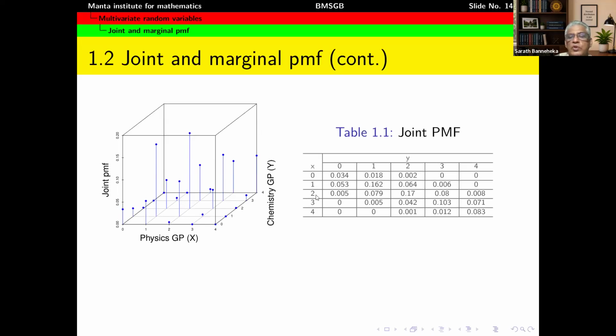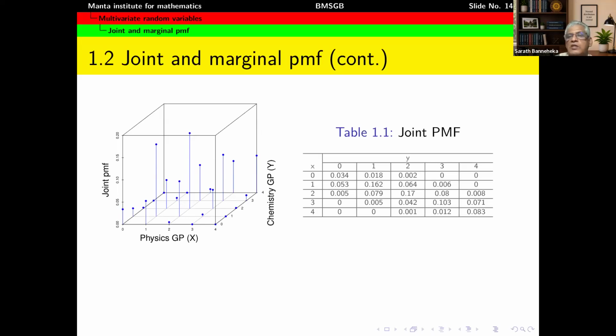You can see that those who got GP value 2 for physics, very few people have got GP 4 for chemistry, a little bit more than that GP 3, and a little bit more than that GP 2, and so on. And those who got GP 2 for physics actually don't get zero also for chemistry.